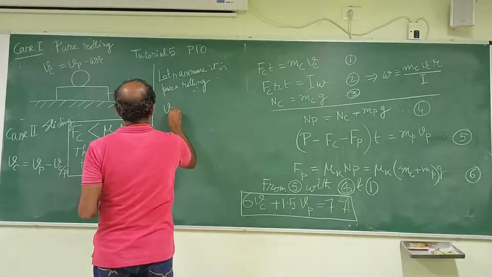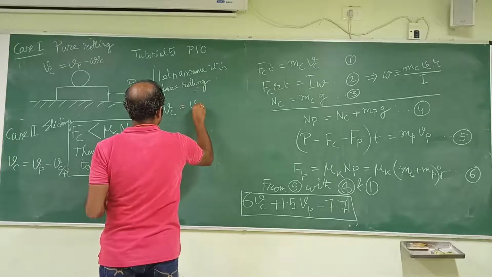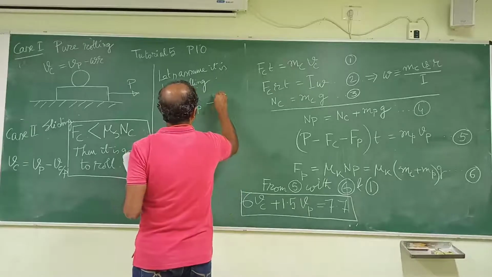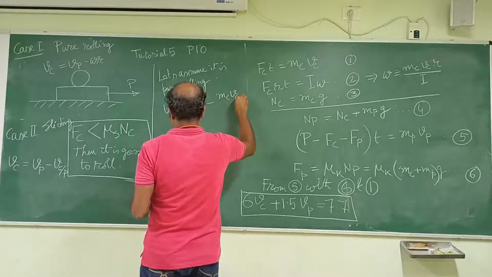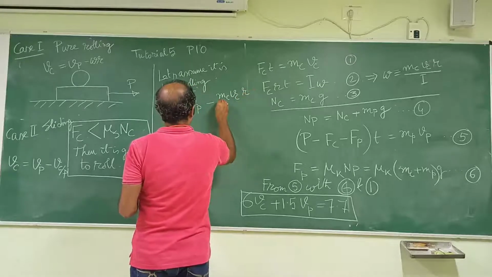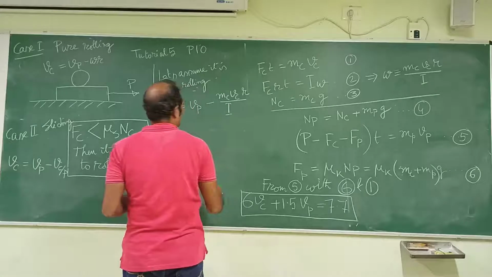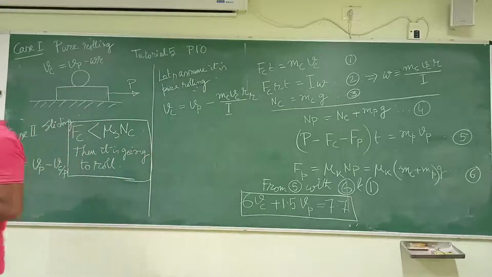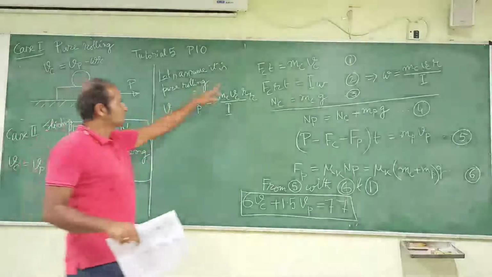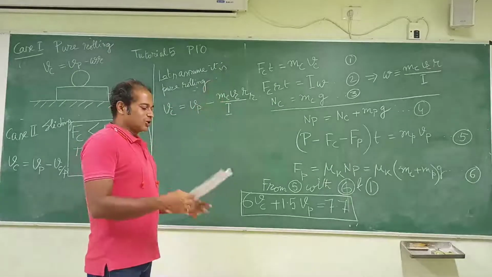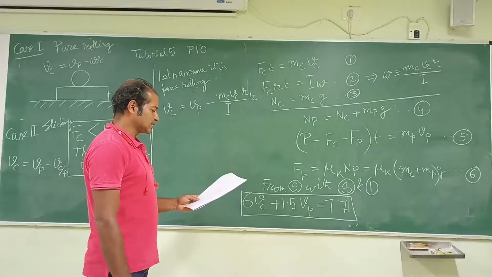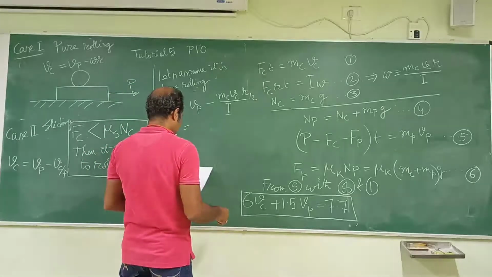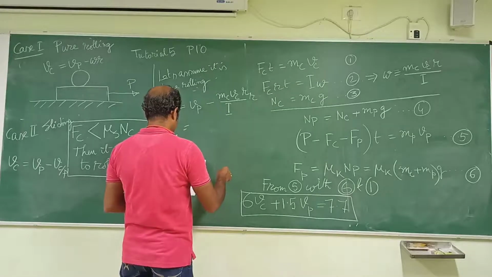So what we are going to have is that Vc is equal to the velocity of the plate Vp minus omega R. Omega is equal to mc Vc times R by I, so it is mc Vc R square by I. Now these parameters are going to play, right?